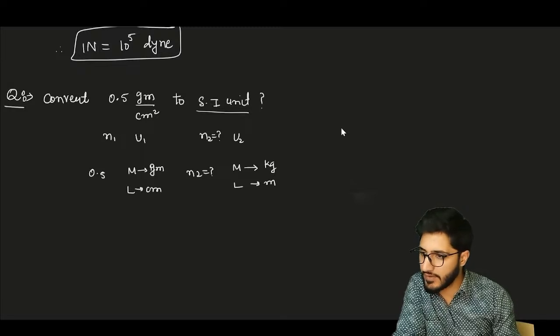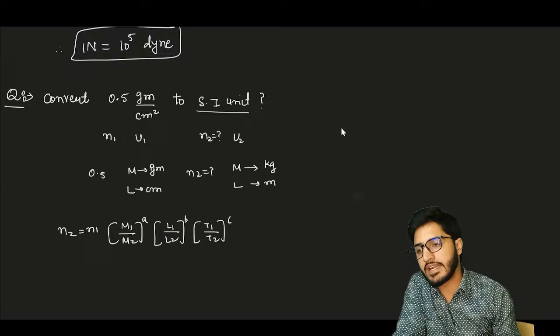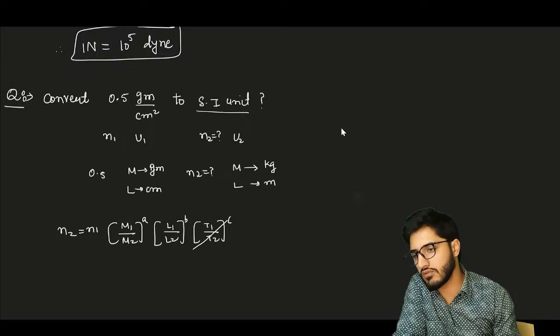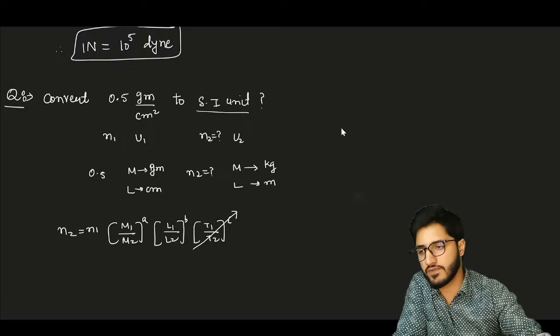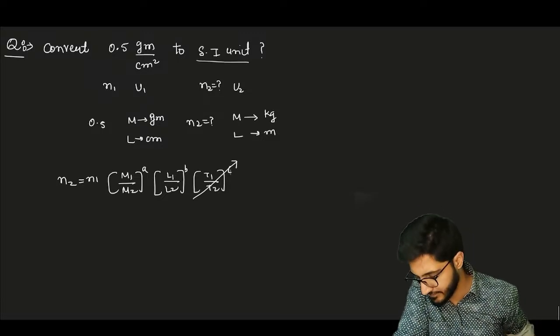So now we have the formula. n2 is equal to n1 times (M1 by M2) to the power a, (L1 by L2) to the power b, (T1 by T2) to the power c. Now we are not having any time here, so there is no term we can involve for the time t.